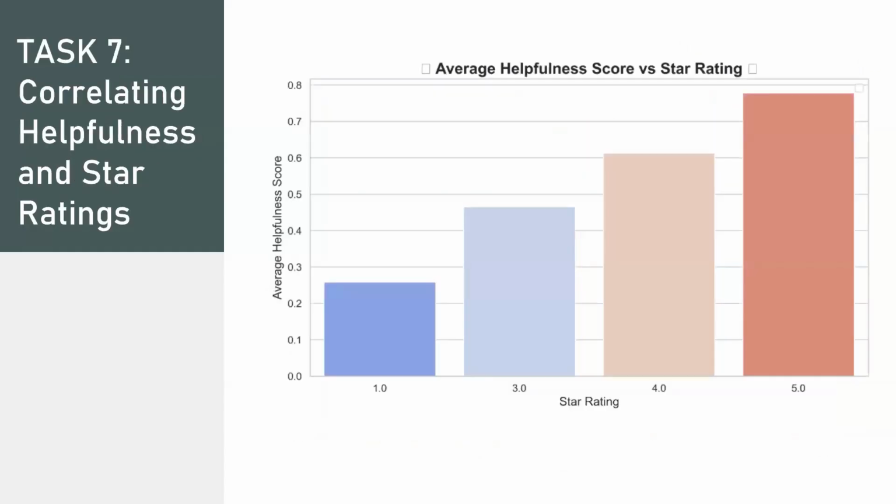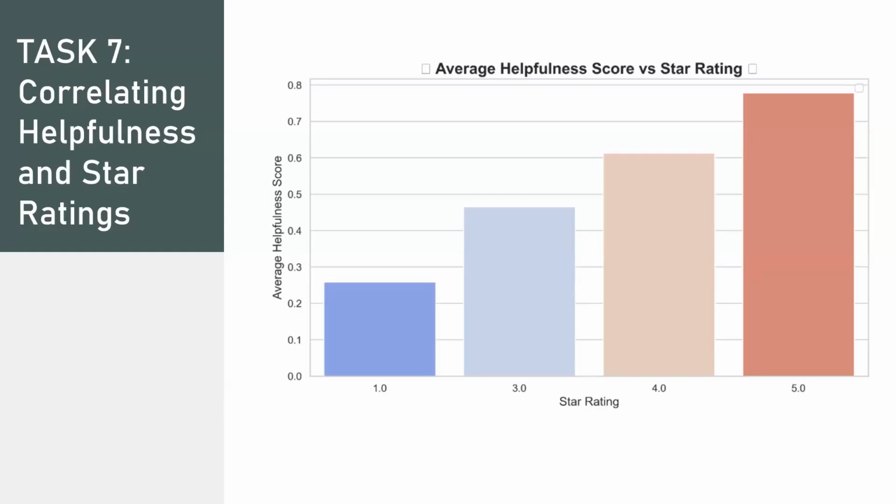And next, we wanted to check out the correlation between the helpfulness score and the star rating. And I already explained this a little earlier. We see that the average helpfulness score has a positive correlation with the star rating, in that ratings that have a lower value are less helpful compared to the ratings that have a higher value.